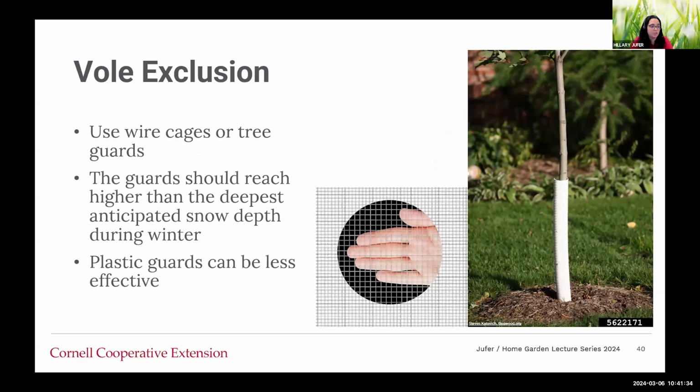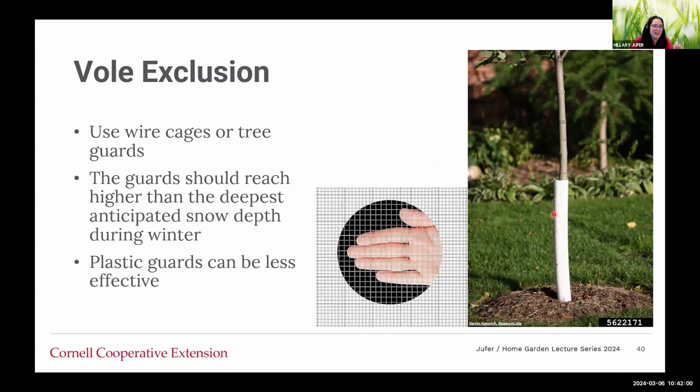You can do vole exclusion. You're going to want to use a wire cage, which is a hardware cloth, or a tree guard like we were talking about before. The guard should reach higher than the deepest anticipated snow depth for winter. So say it's 10 feet, you're going to have the 10 feet, 10 inches.